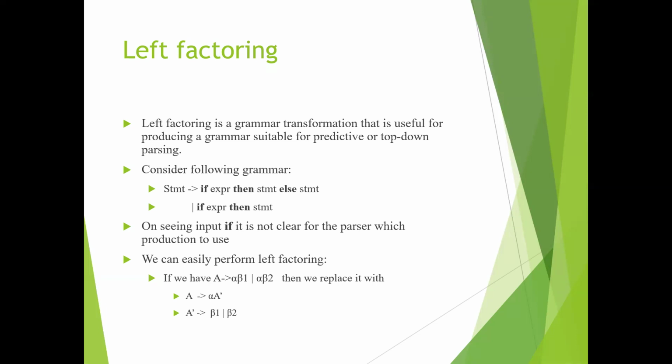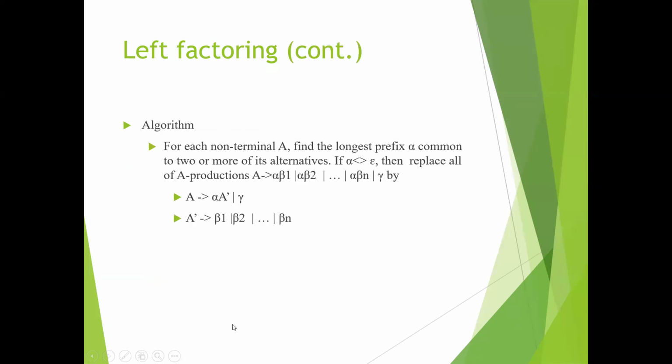Here an example is given: A which produces alpha beta 1, alpha beta 2. The common prefix available is alpha. So we have to generate a new non-terminal variable, A dash, and A dash contains beta 1 or beta 2.